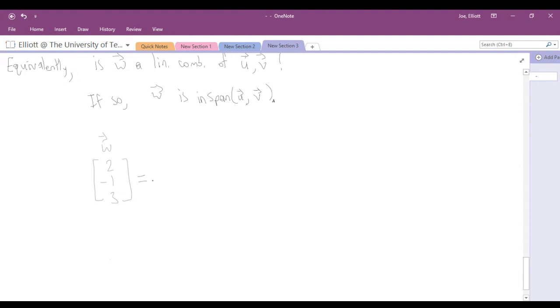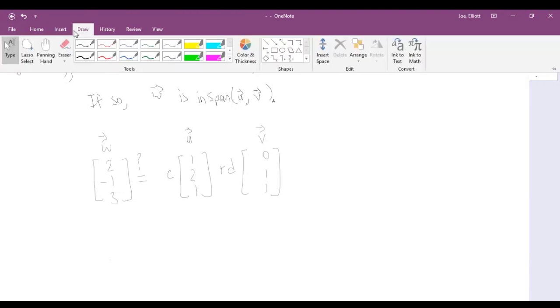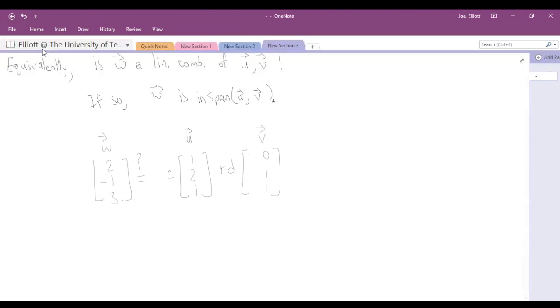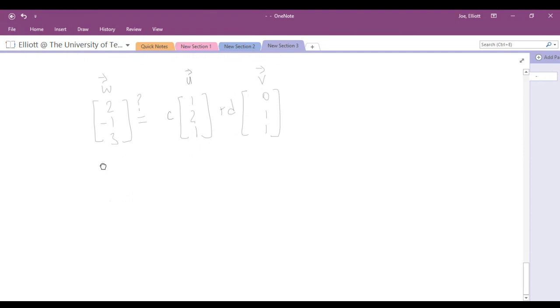So I want to see if I can set it equal to some combination of U and V. To check if this is possible, I'm just going to see if I can solve for C and D.